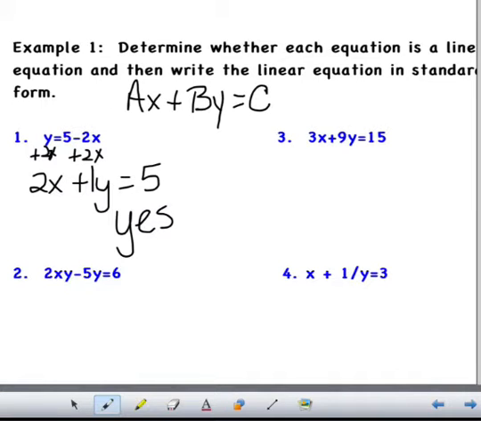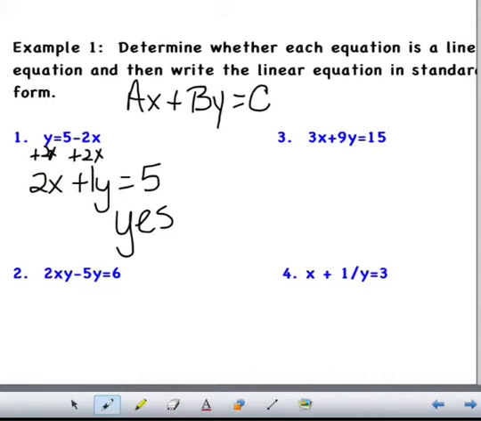Again, just remember those criteria that I gave you. A has to be greater than 0. A and B both can't be 0, and they can't have a common factor greater than 1. All right, look at this one. 3x plus 9y is equal to 15. All right, is that a linear equation? Well, it's in the form ax plus by is equal to c.